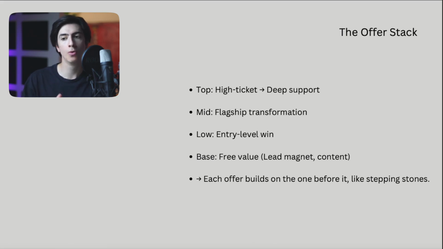Then we move to the low part of the offer stack, which is your entry level win, your low ticket product. Then your mid ticket product, which is your flagship transformation, where most of the money of your business will be made. And then we have on the top of our offer stack our high ticket offer, which promises and delivers deep support and deep transformation. Each offer builds on the one before it like stepping stones.